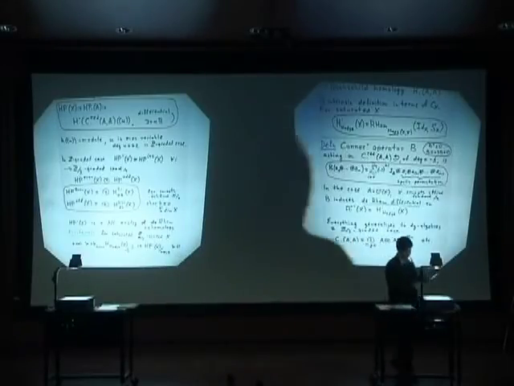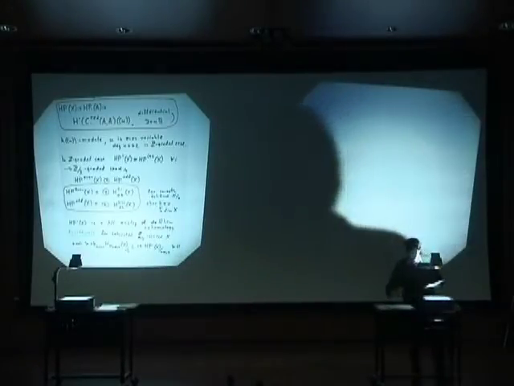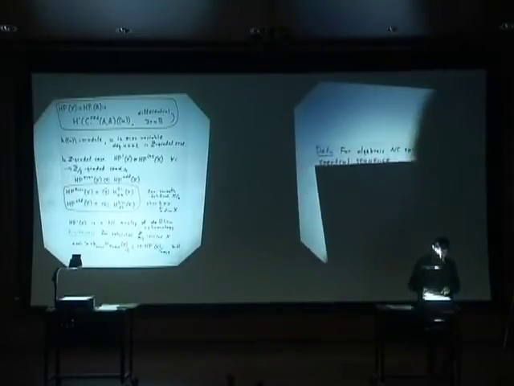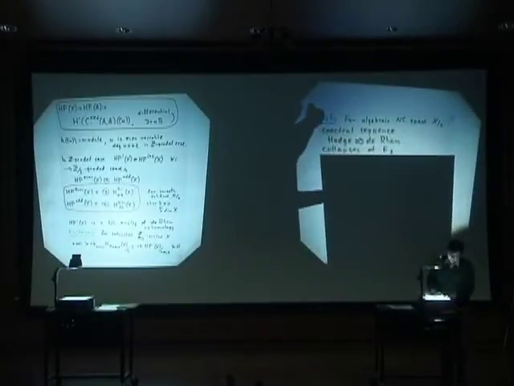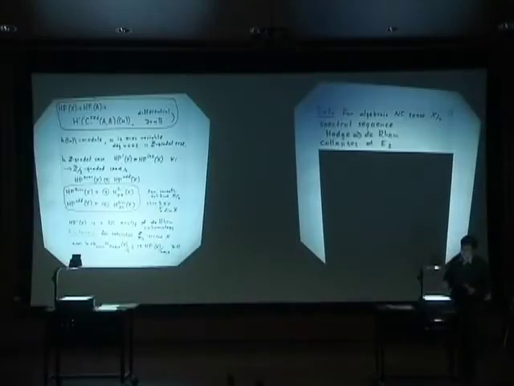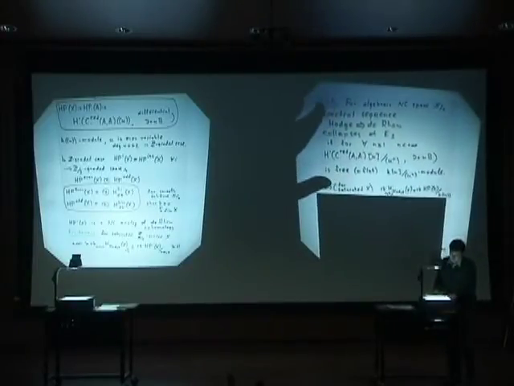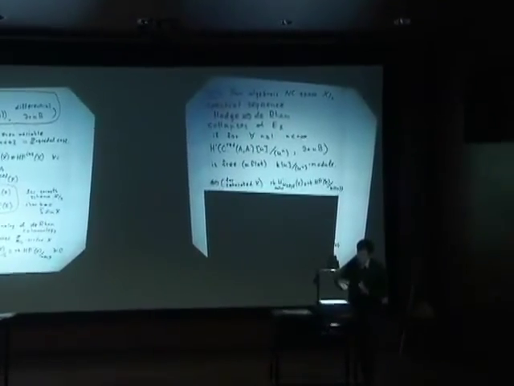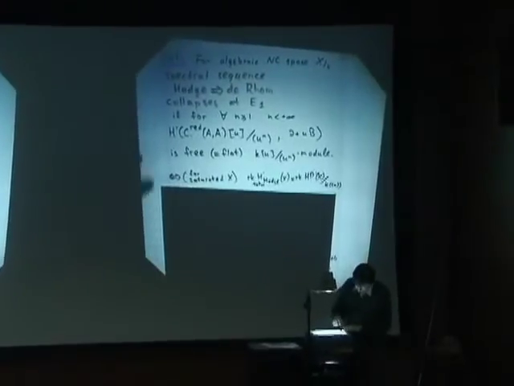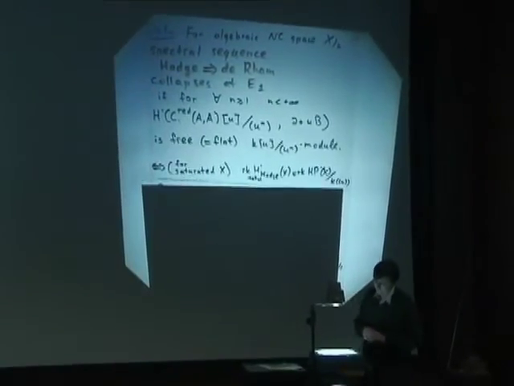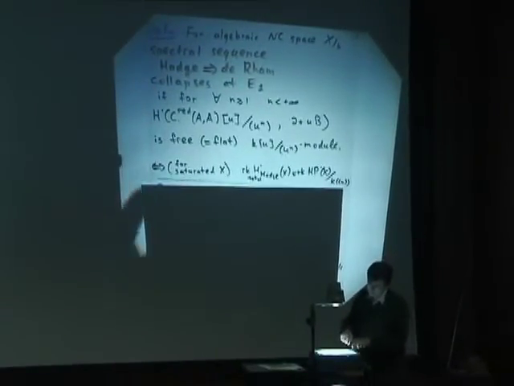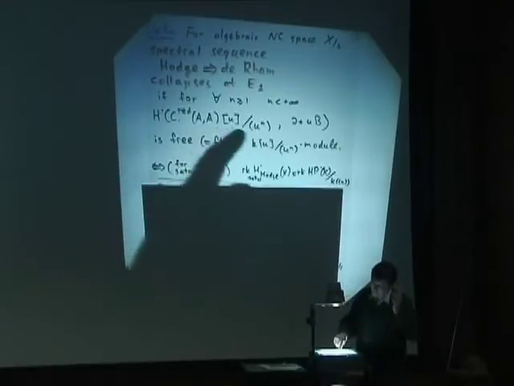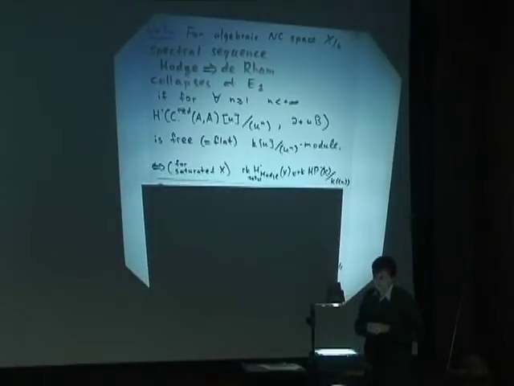The formulas I will not really need. So this is the main definition: I say that for an algebraic space, the spectral sequence from Hodge to de Rham collapses at the first term if the following holds. It's kind of an infinite sequence of finite statements. For any positive integer n, let's consider truncated polynomials in the variable u with the same differential d plus ub.